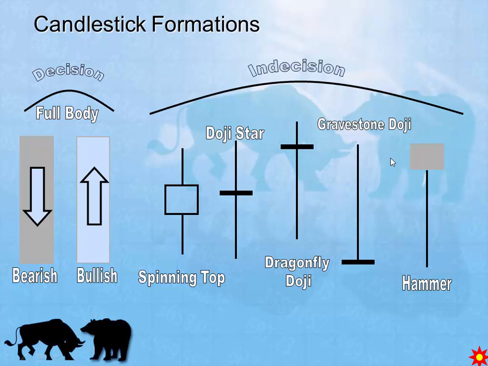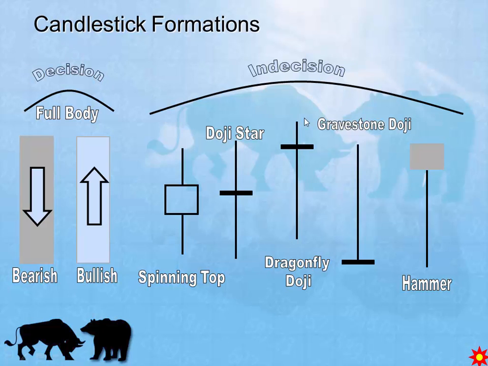Candlesticks are made up of 2 classes: bullish, which are the ones going up, and bearish, when they're going down. When they have a full body, you can see there's strong decision going to the upside. Those are decision candles.